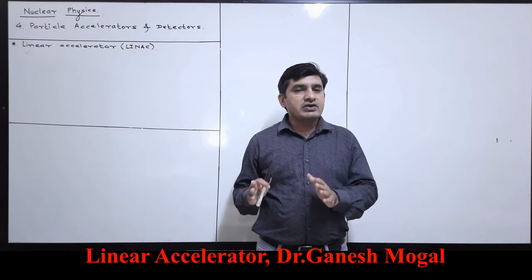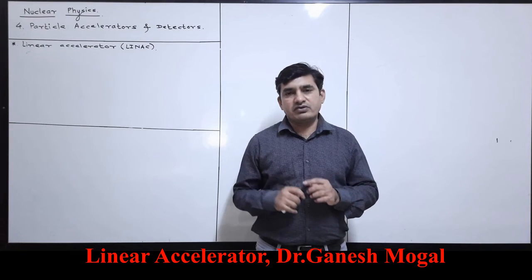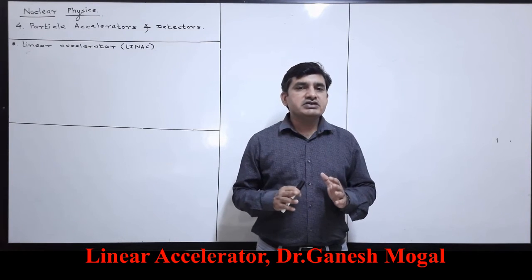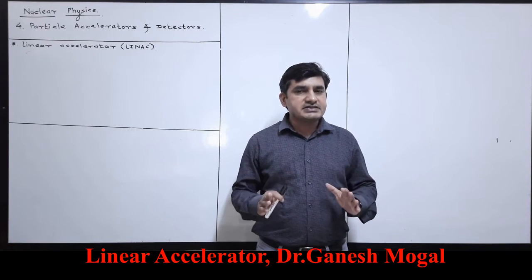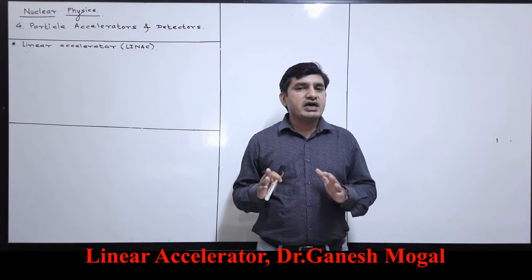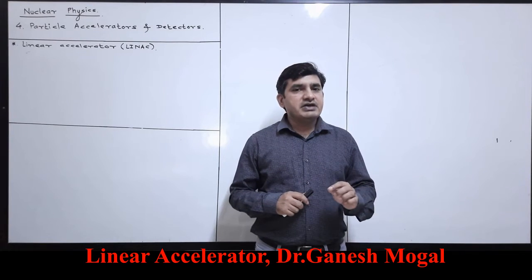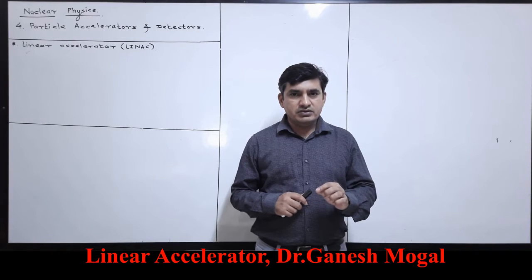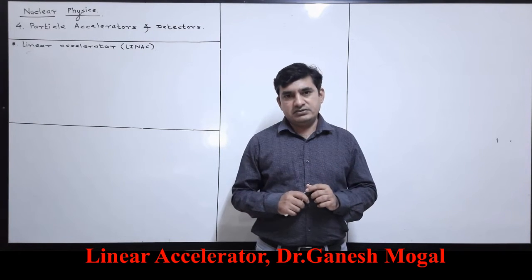Second is a cyclotron. Third is a betatron, and fourth is a synchrotron. The particle accelerator is used to accelerate charged particles. Charged particles means proton, electron, alpha particle.